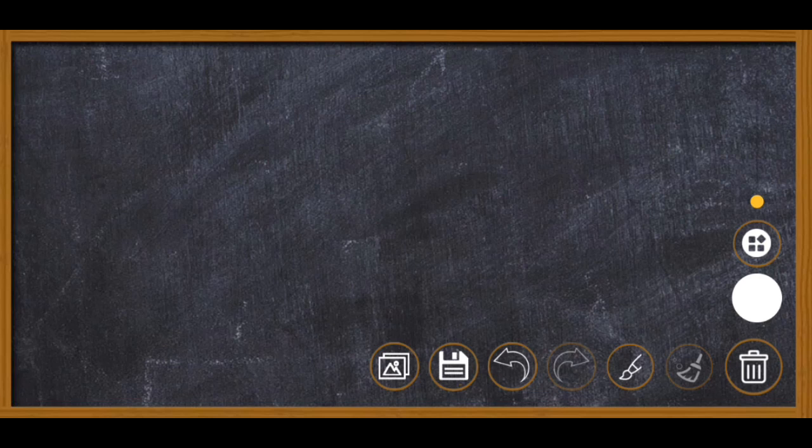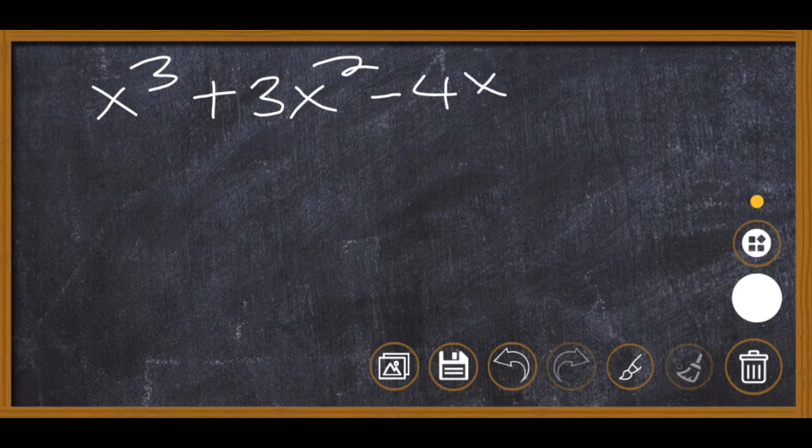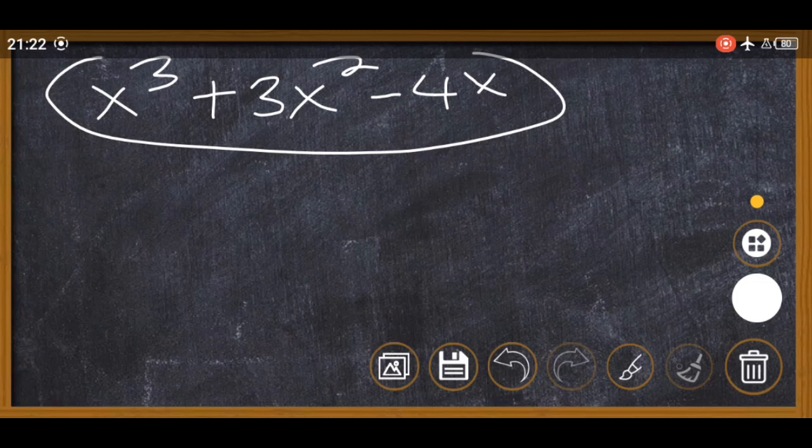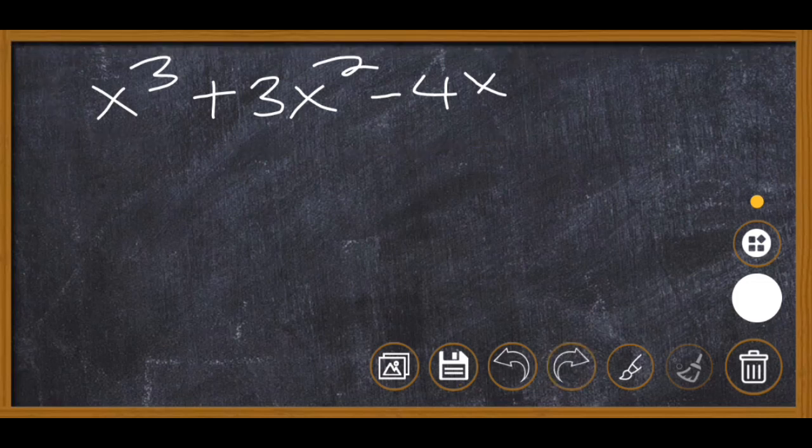Let's say you have been given the expression x raised to power 3 plus 3x squared minus 4. You will just be asked to factorize this. So the first step is to find a divisor. A divisor is simply found by trials.